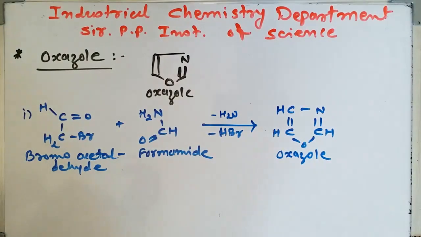When bromoacetaldehyde and formamide react with each other, we get oxazole.